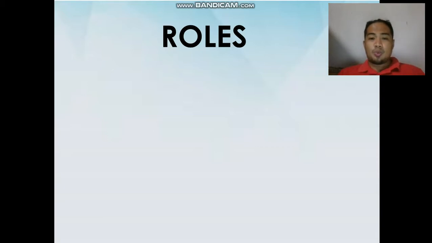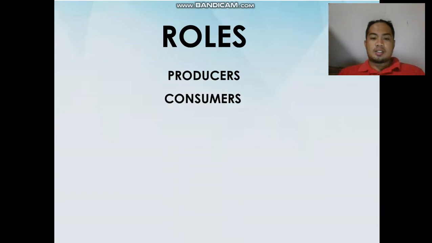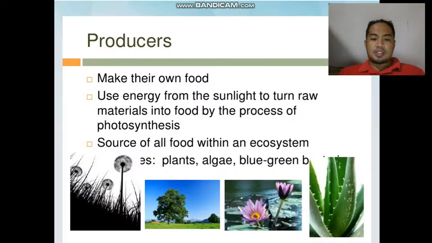Now we are going to discuss the roles or relationships in the ecosystem. The roles include producers, consumers, scavengers, and decomposers. Producers comes from the word produce, or create, so they make their own food and use energy from the sunlight to turn raw materials into food by the process of photosynthesis.